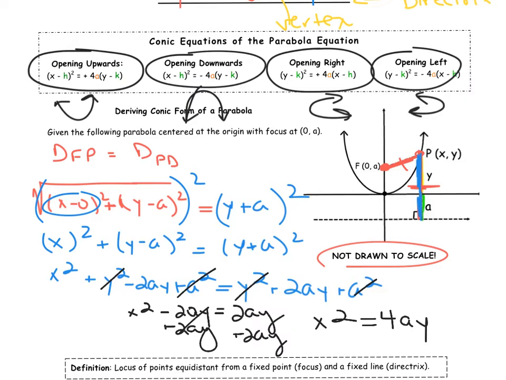I can rewrite this, because this would be the exact same thing, because we're going to want to use our vertex. So my vertex is at 0, 0. Using what we have up here, this is an upwards facing parabola.